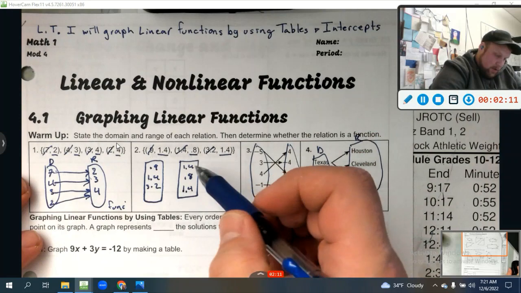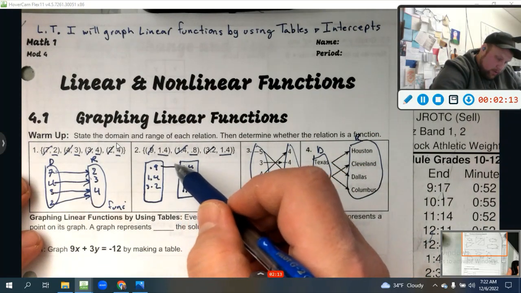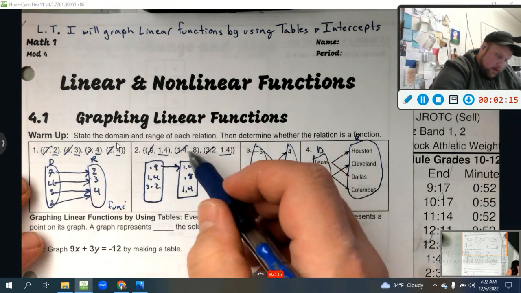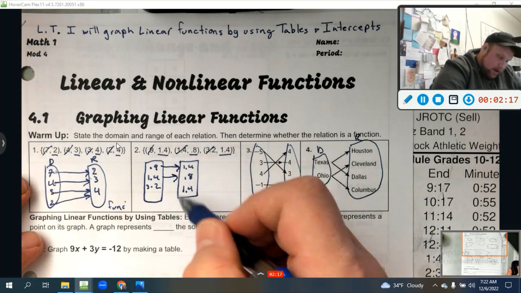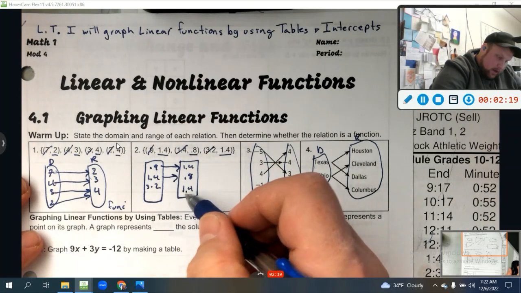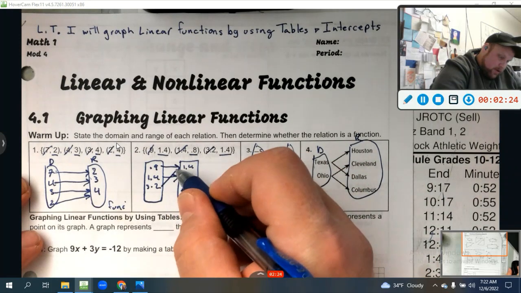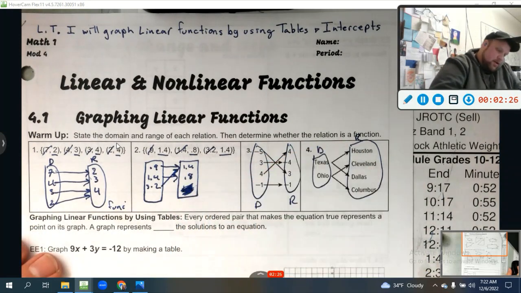Let's see how this works. 0.9 goes to 1.4. 1.4 goes to 0.8. And, oh, I listed that twice. I didn't need to. And 3.2 goes to 1.4.